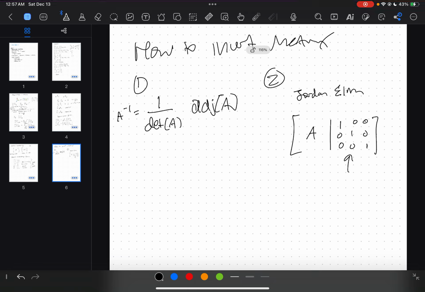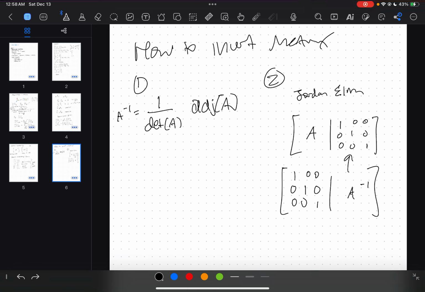And at the end, you'll have the identity matrix on the left side, and you'll have the inverse of A on the other side. Because every step you do to turn this one into the identity matrix is the reverse step. Basically, you're showing all the reverse steps you're doing in order to get from A to the identity matrix.